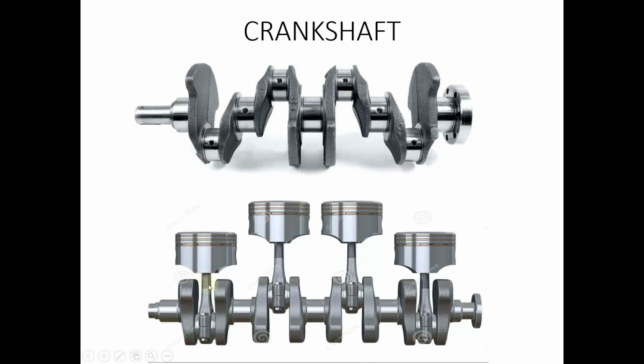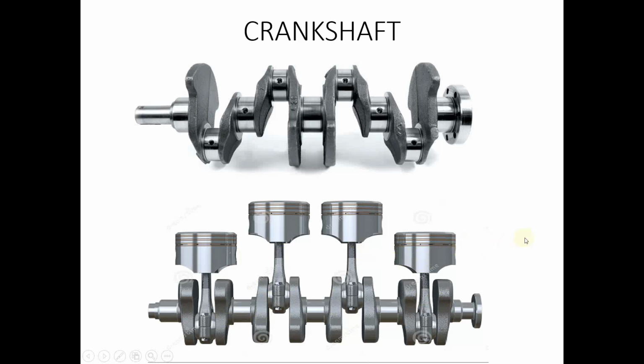Now if you look at the arrangement here, this crankshaft is for a 4-cylinder engine. We'll have 4 pistons that are mounted like this, 2 pistons and the next 2 pistons, so they will be symmetric.